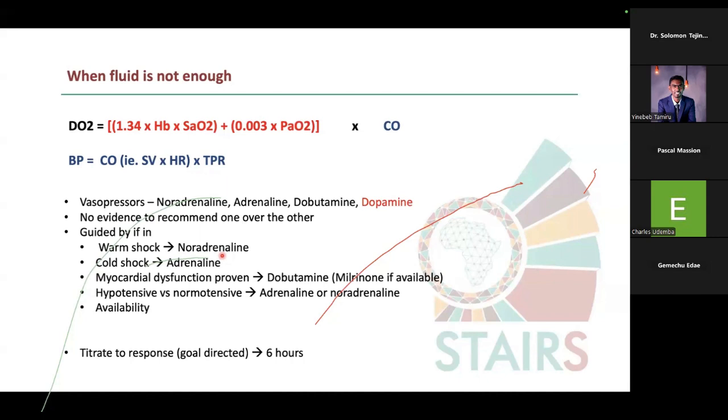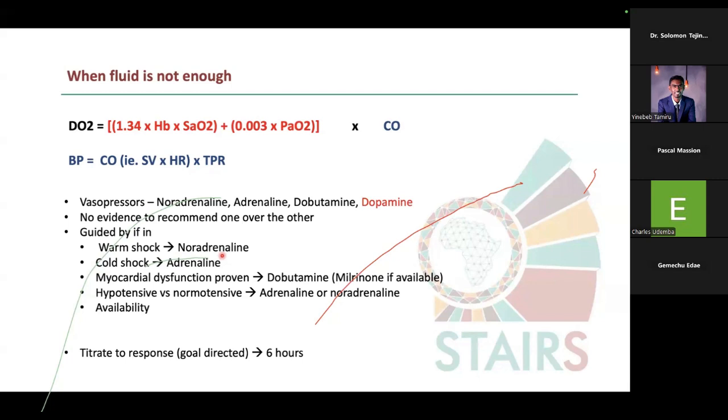You'll be cautious with inodilators like dobutamine, as they can further drop your blood pressure. And of course, all of these things that we are talking about are dependent on availability as well. As it stands now, per the Surviving Sepsis guideline, WHO, and other protocols, there's not strong enough evidence to recommend one over the other.